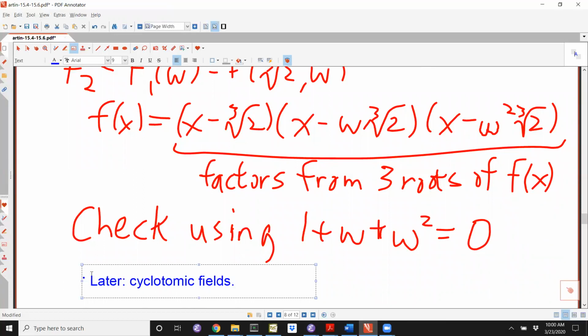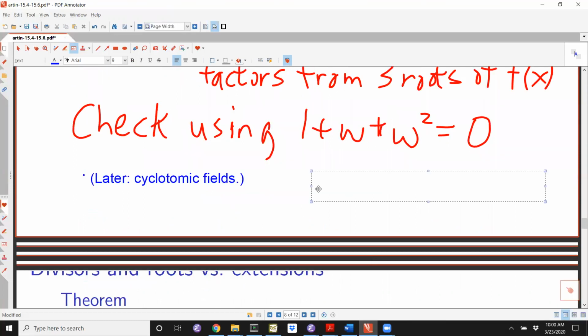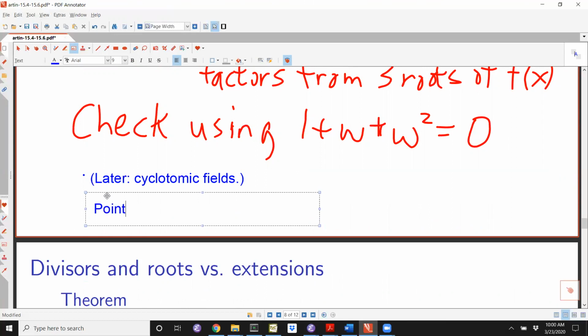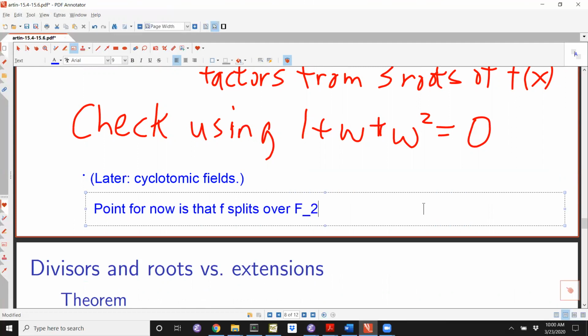Anyway, the point for now is that f splits over F2 but not over F1.